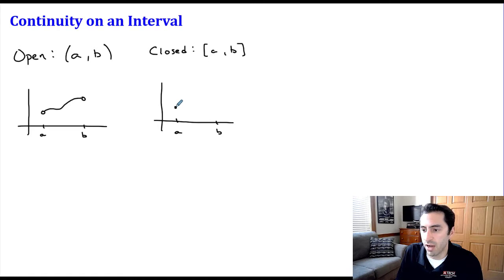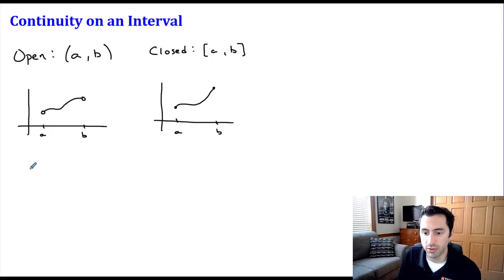So now in our graph, we'll use closed circles, closed points to indicate that. So for a function to be continuous on the closed interval, not only does it need to be continuous for everything in between A and B, but it also needs to be continuous at A and it needs to be continuous at B.